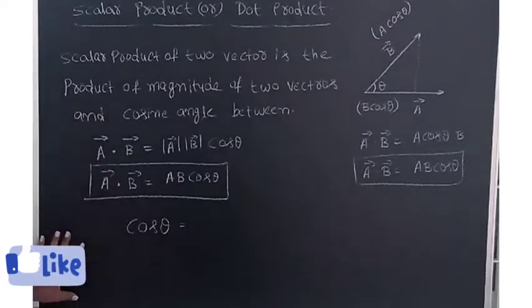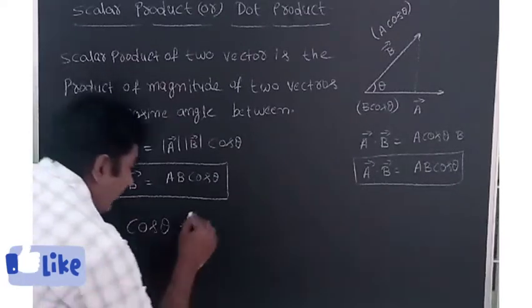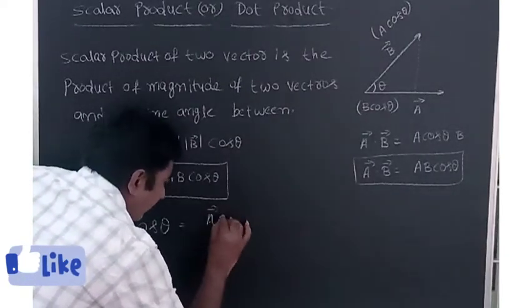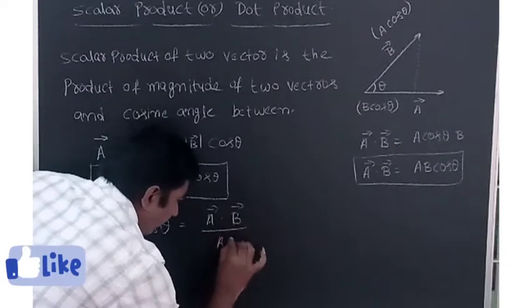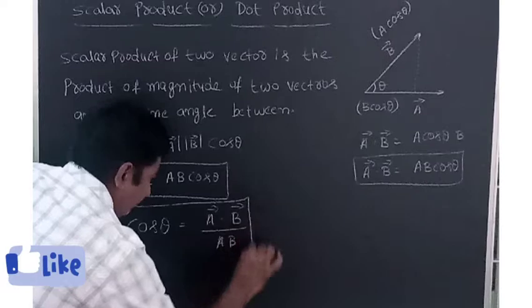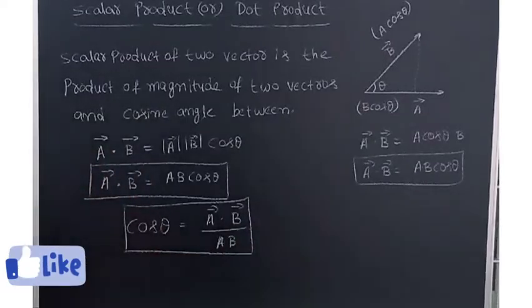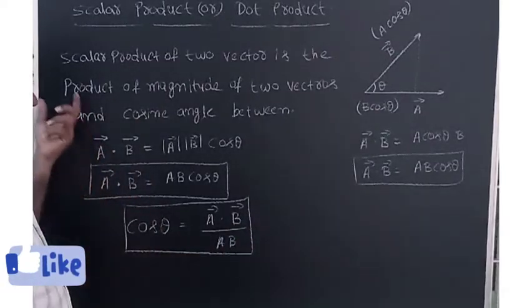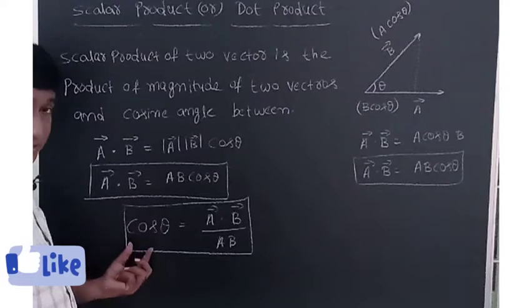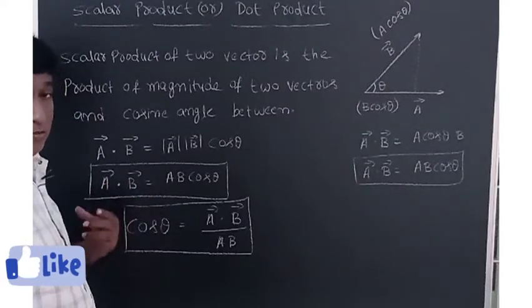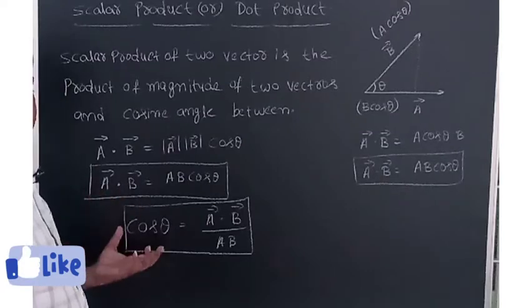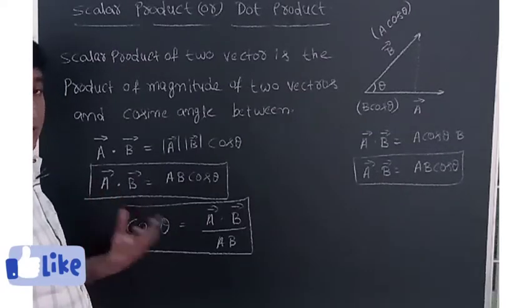If A and B are two vectors, the angle between them we can find from cos theta equals A vector dot B vector by AB. This is the definition and how we represent A vector dot B vector. Now we are going to see some properties of the scalar product.